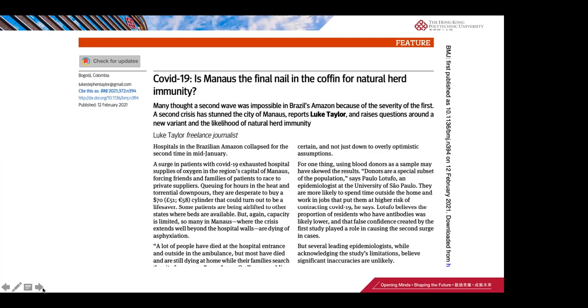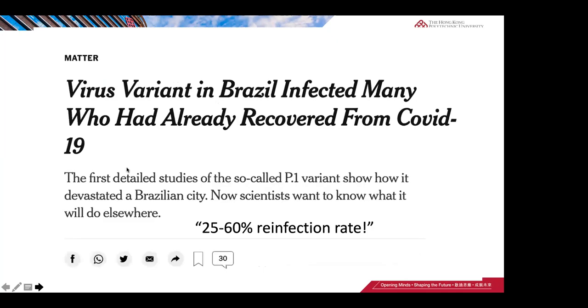But many researchers don't believe it. Even in this article, they question it. This is related to the first rule I said: is the data reliable? Is that blood donor data you are modeling reliable? You should question that. This is a New York Times article about the virus variant in Brazil.